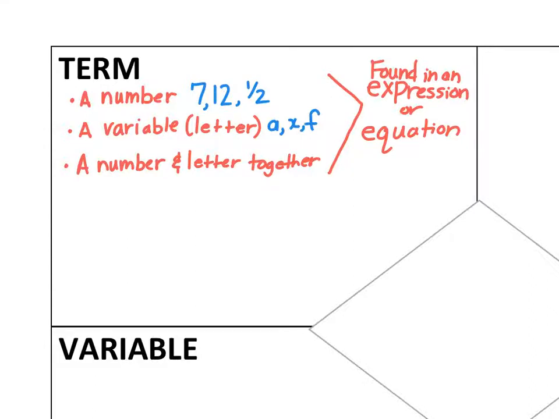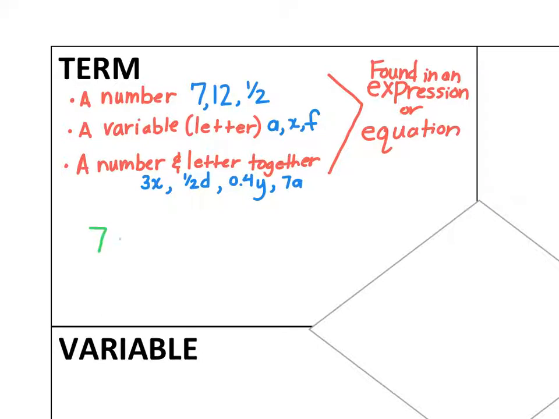And when we say a number and letter together, we mean something like 3x or maybe 1/2 D or maybe 0.4Y. It could be absolutely anything as long as it's a number and letter together. 7A, anything like that.